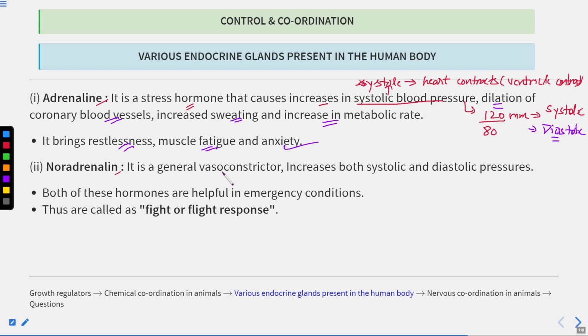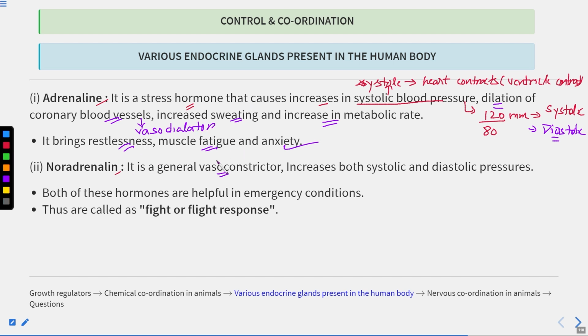So it is a general vasoconstrictor. Adrenaline was the vasodilator, because it causes the dilation of the coronary blood vessels. Whenever the vessel dilates, what will happen? The pressure will decrease. So it is a vasodilator.